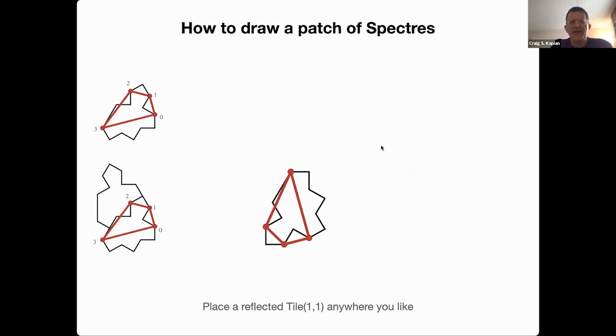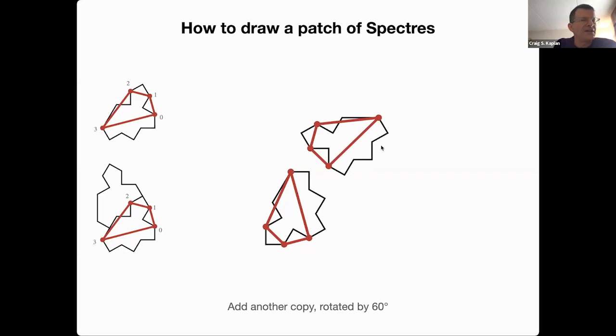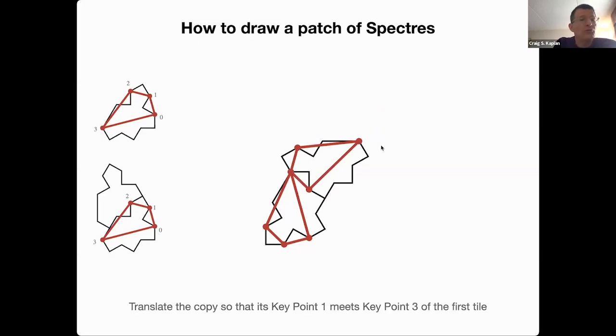Just put it down in the plane, any position, any orientation. And now I will take another copy rotated by 60 degrees, and I will translate that copy so that those 2 key points are brought into coincidence.